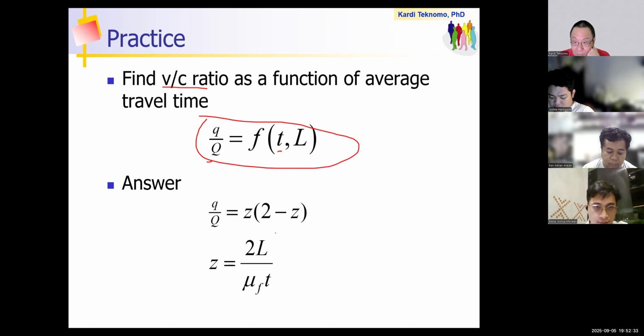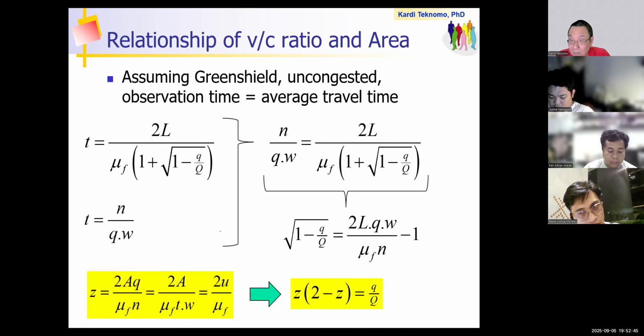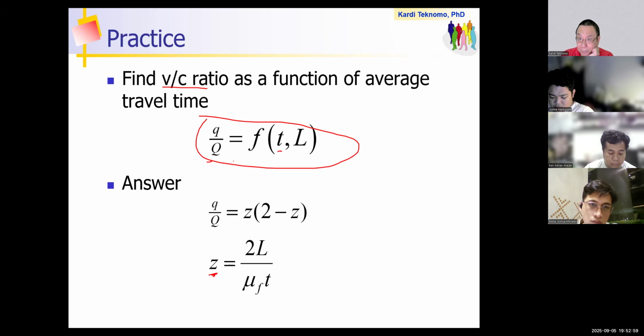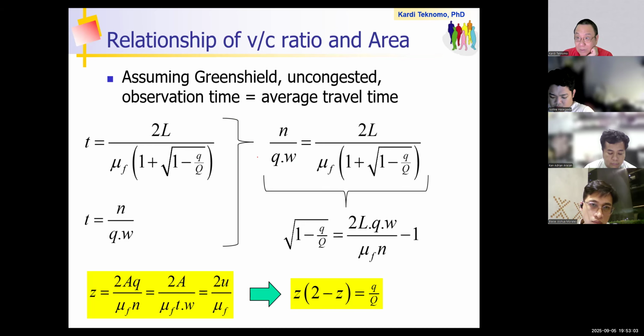This is the result. We use a new variable z, computed based on this value. This is the way to derive that formula. So we can connect the congestion with travel time using Greenshields.